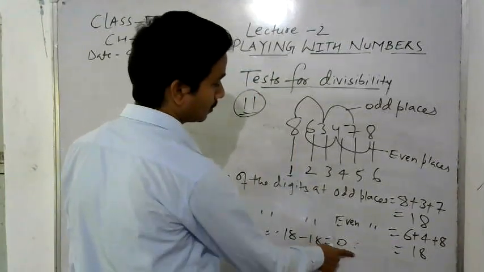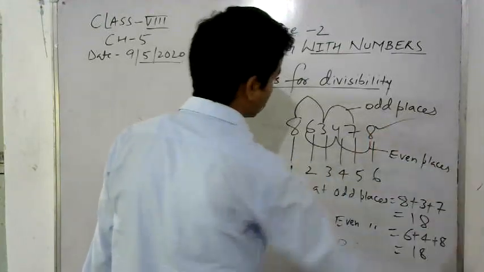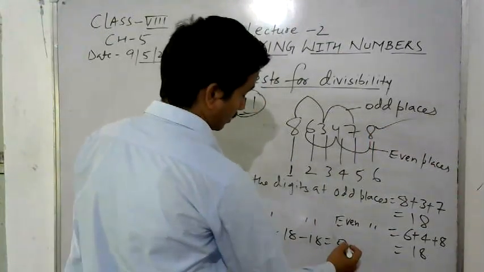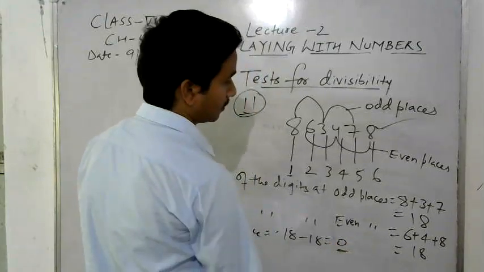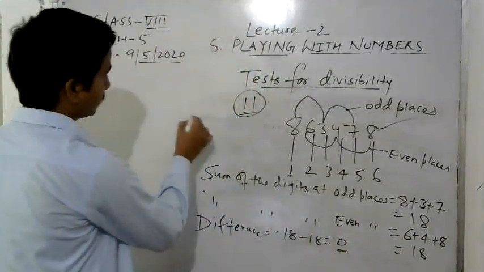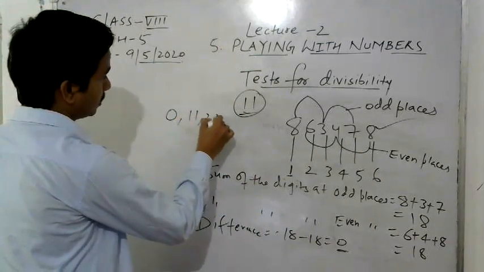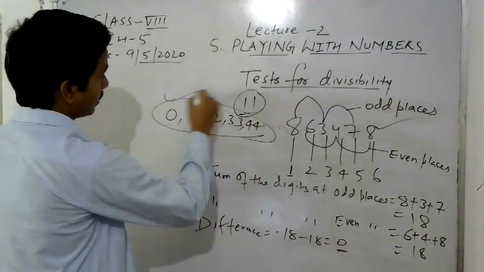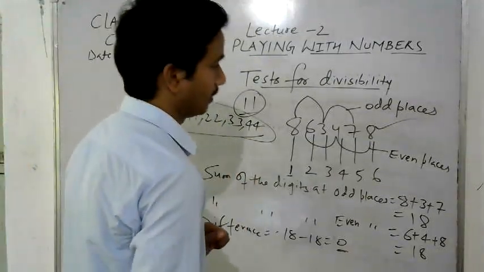Since the difference is 0, this number is divisible by 11. If the difference is 0, 11, 22, 33, 44, like this, then we can say that that number is divisible by 11.